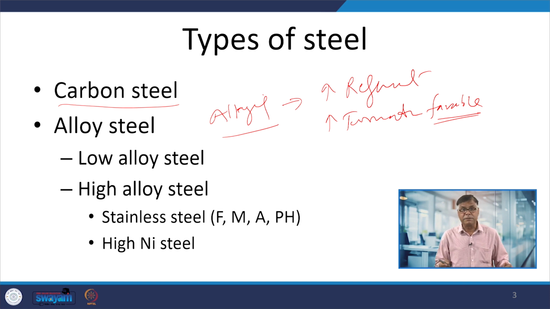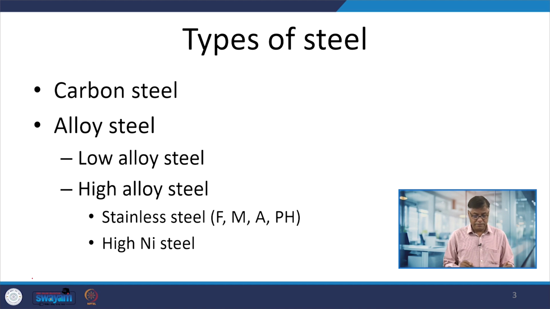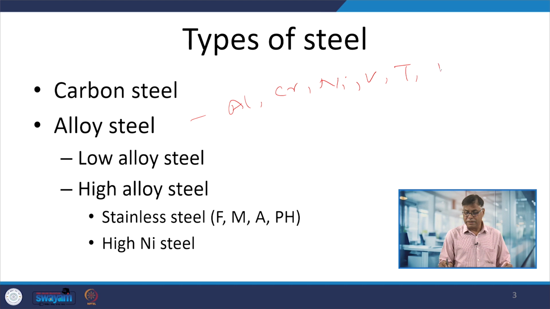So, that is the benefit which is achieved through the controlled alloying. Controlled alloying may be done through a number of elements like aluminum, chromium, nickel, vanadium, titanium, tungsten, etc.